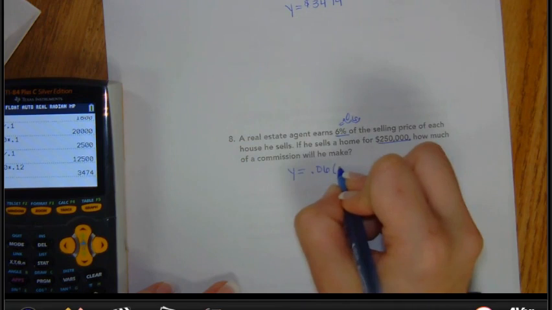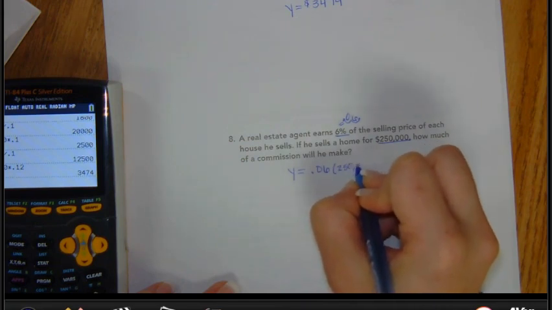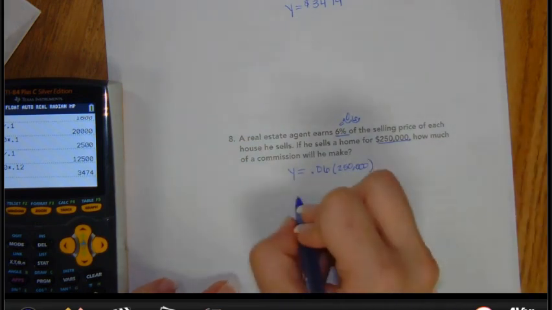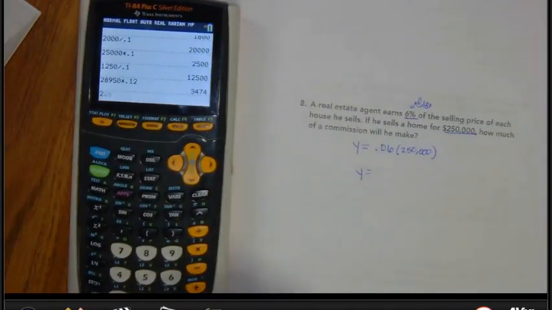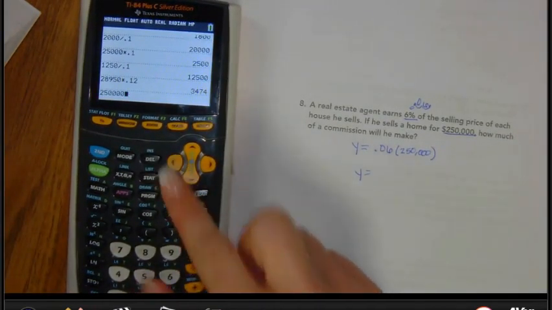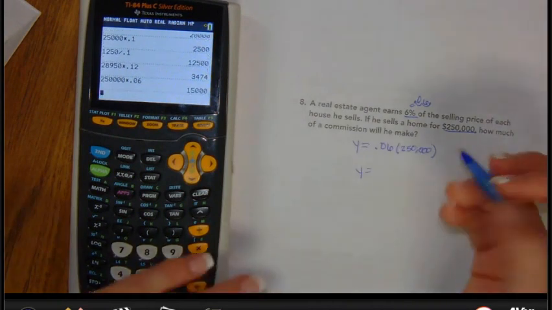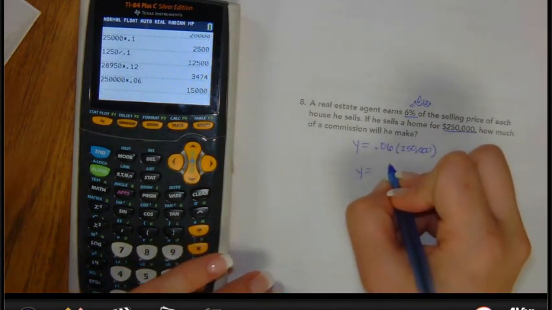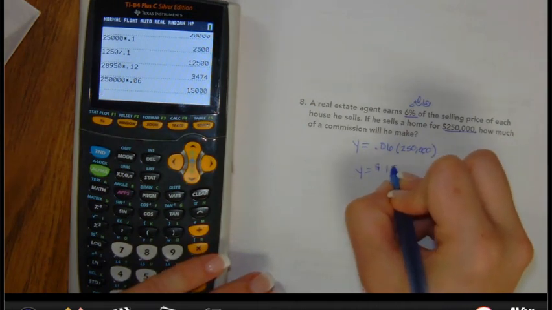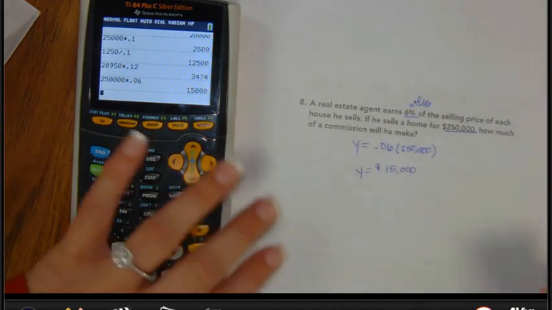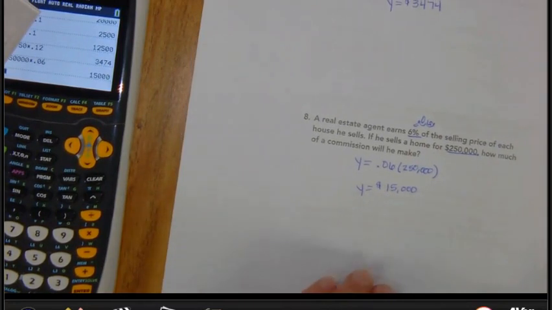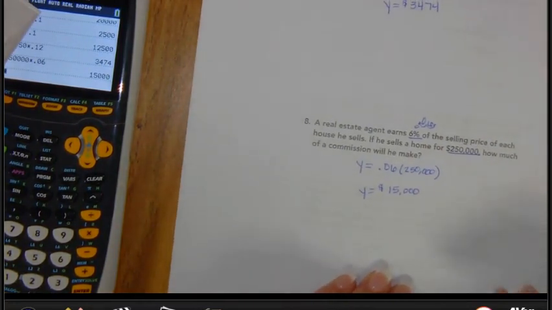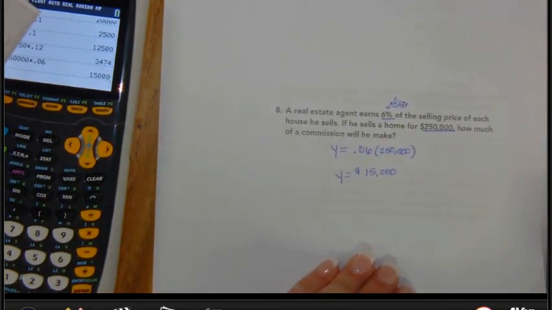And I'm going to multiply this by my total of $250,000 for my house. And let's see, 250, not divided, times 0.06. And I see that just in my home, I'm going to receive $15,000 in commissions. It's a lot.